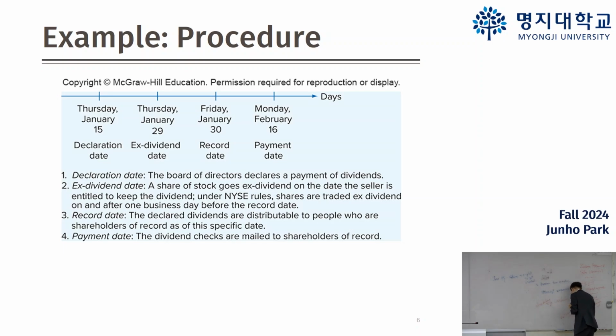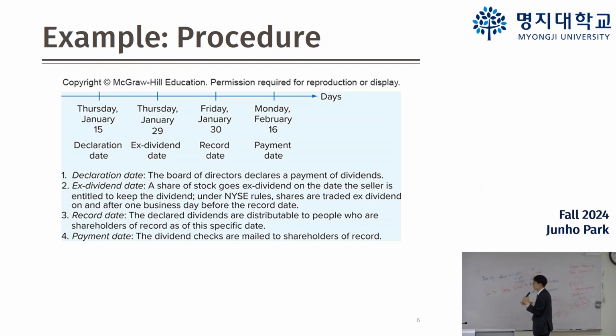But on the other hand, if you purchase the share after the record date, say January 30, then by purchasing the share, you only get the share, but you do not get the dividend. So there is a striking difference based on your timing. If you purchase the shares before this record date, you get the dividends, but after the record date, immediately you lose the right to get the dividends.